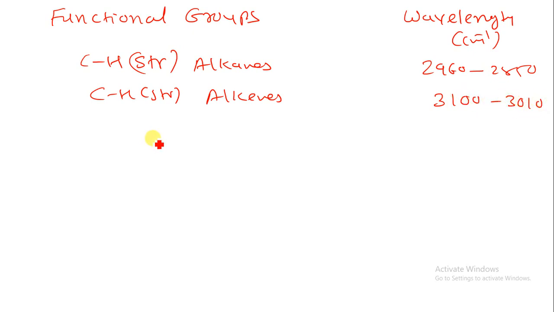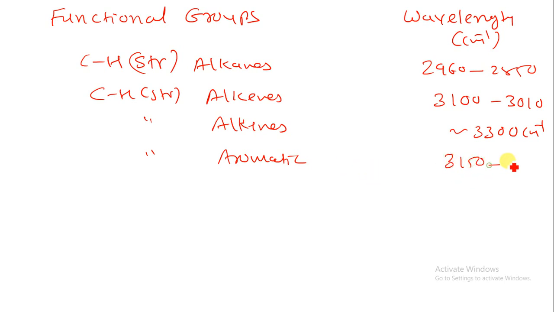Then alkynes, that is C triple bond C, are nearly about 3300 centimeter inverse. Then CH stretching for aromatic compounds will be 3150 up to 3020 centimeter inverse.